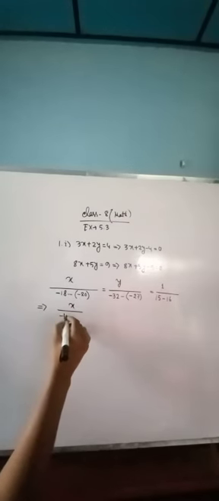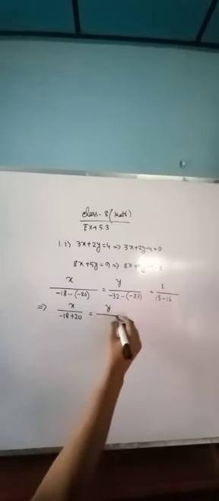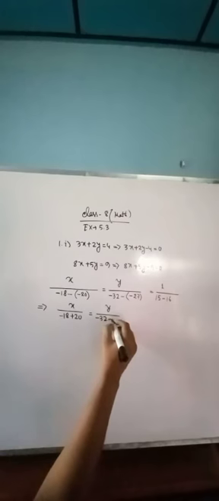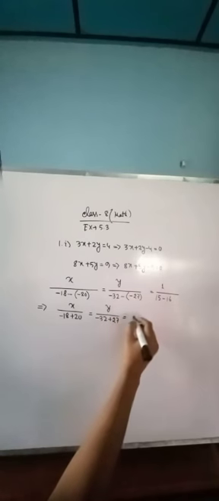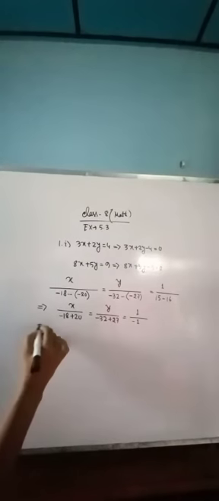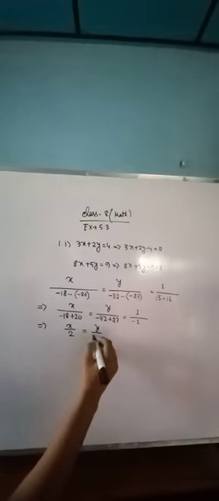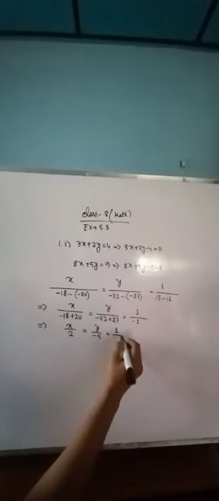Very carefully look at that. Now, x by minus 18 plus 20, y by minus 32 plus 27, 1 by minus 1. Next step, plus 2, minus 5, 1 by minus 1.